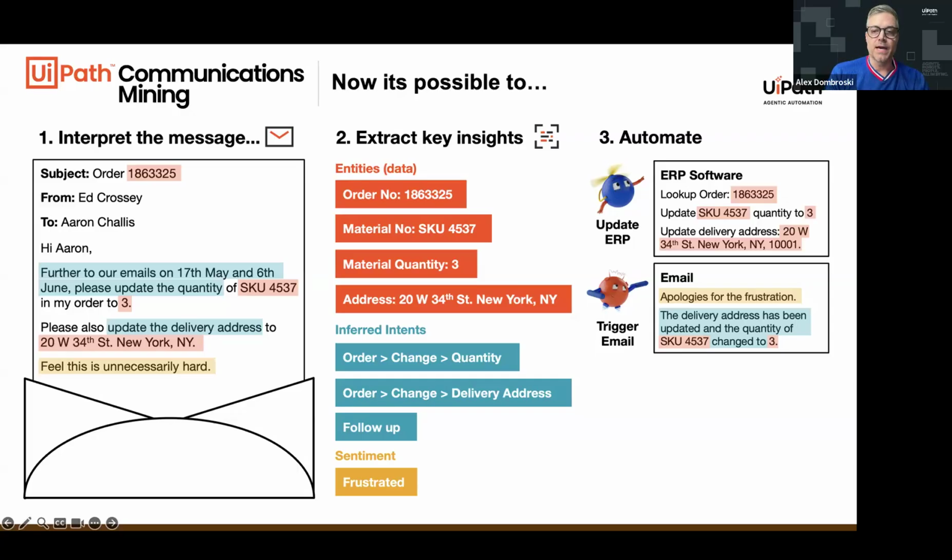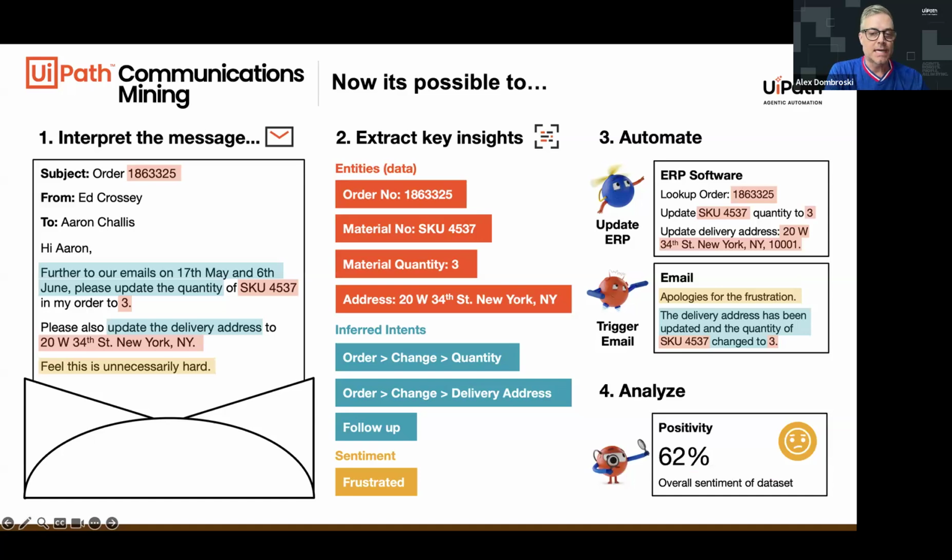The beauty of generative AI is you do have the ability to let an agent do that, and so there are options to introduce some variance into the language by using an agent as the mechanism to trigger that email. And then last is analyzing some of the data that exists within the data set to understand broad trends, themes, and positions.